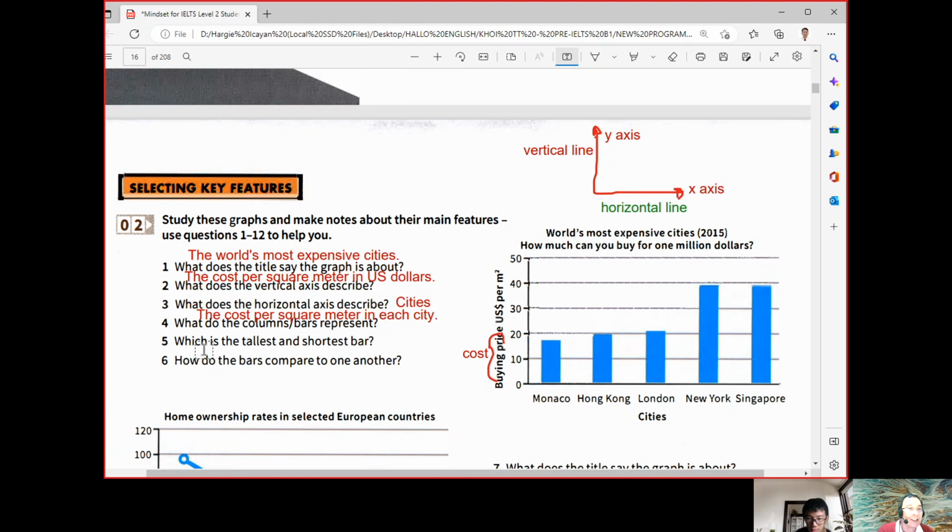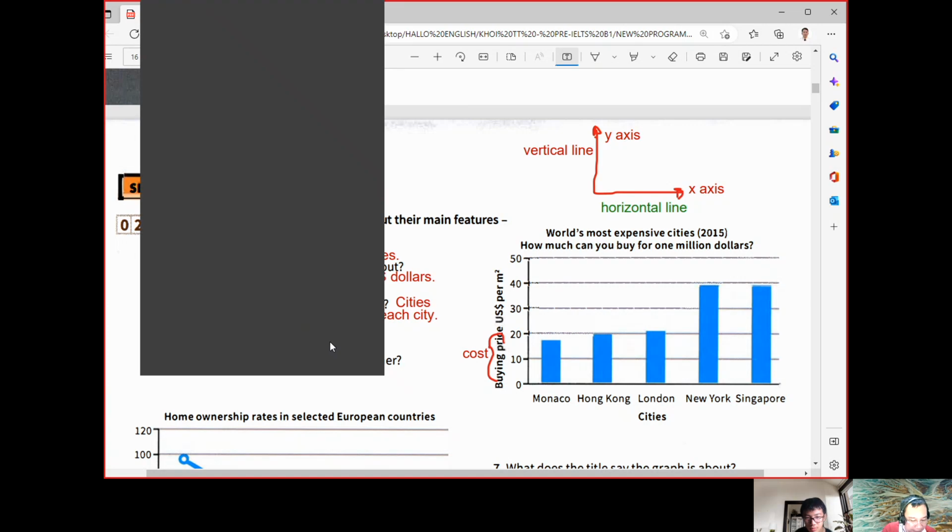Next. Which is the tallest and shortest? The shortest bar is Monaco. So we have to say the shortest would be Monaco.